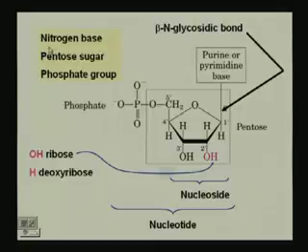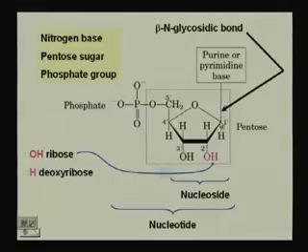Now, this is something that we looked at before. When we are forming the nucleotide, we have our sugar. The sugar in this case is a ribose sugar because the OH at the 2' position is present. We have a beta N glycosidic bond. We know why it is beta, we know why it is glycosidic, and we know why it is N, right?